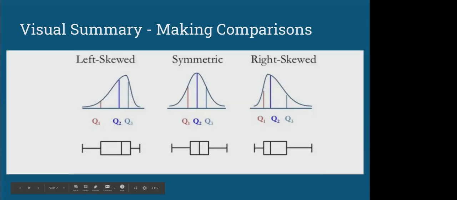Same configuration in the box plot. The whiskers are the same length, and the box itself is split into two equal parts, again, by the median of the data set. So it is equidistant from the median of the lower portion of the data and the median of the upper portion of the data.